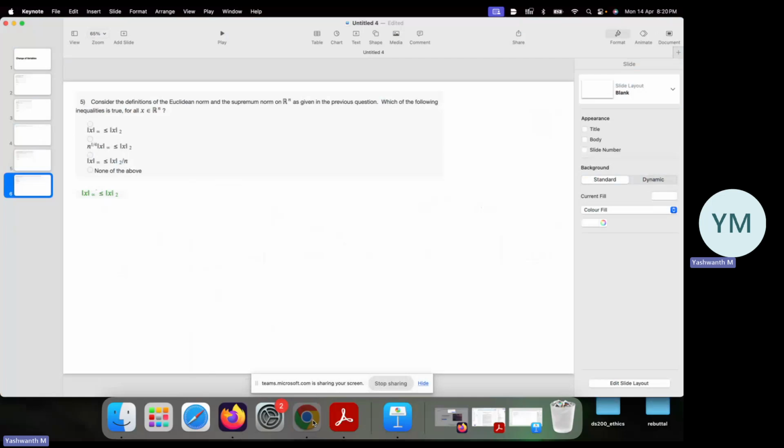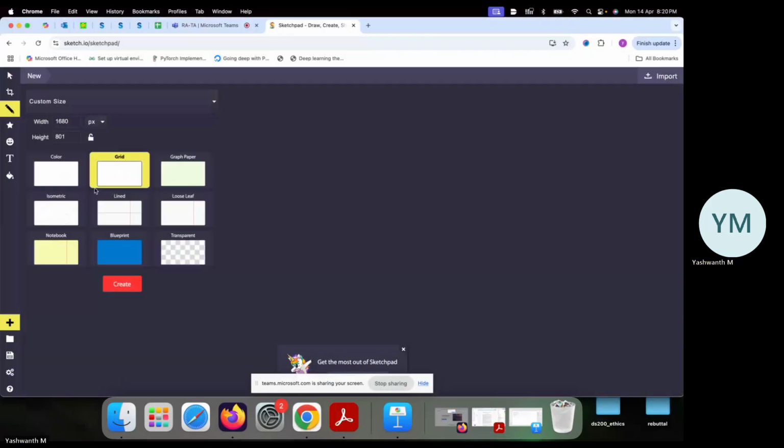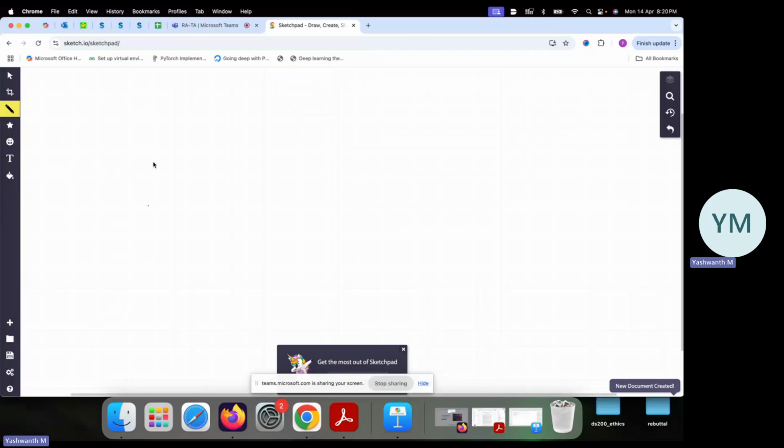So we'll solve one more standard example where the change of variables formula is used.